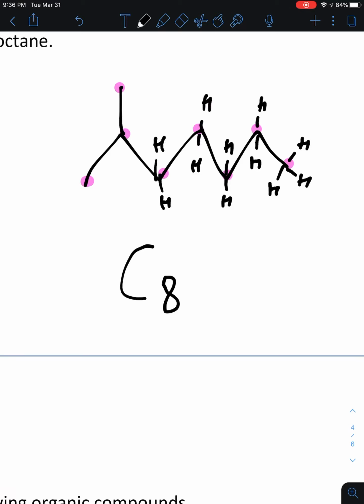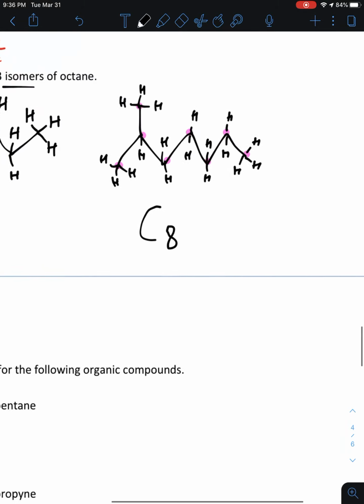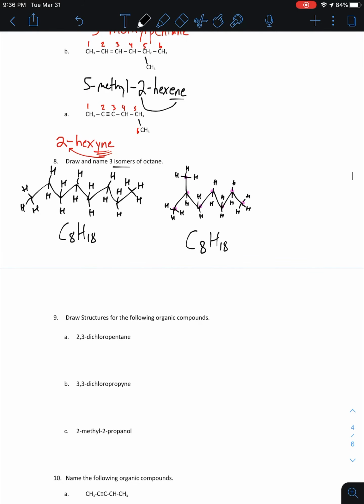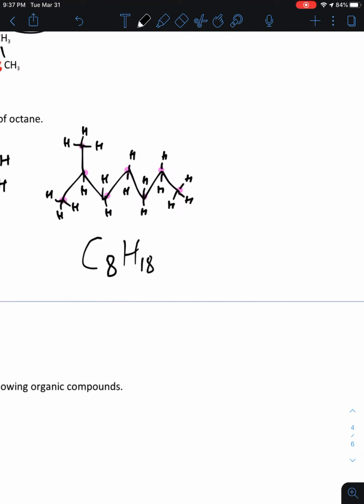That's because this is an isomer of octane. Has the same overall formula, but obviously it's going to have different properties and a different name at that. It's not going to be octane anymore. It's going to be, looks like 2-methyl heptane. But anyway, the formula is the same, C8H18. So it's an isomer, different structure, same formula.